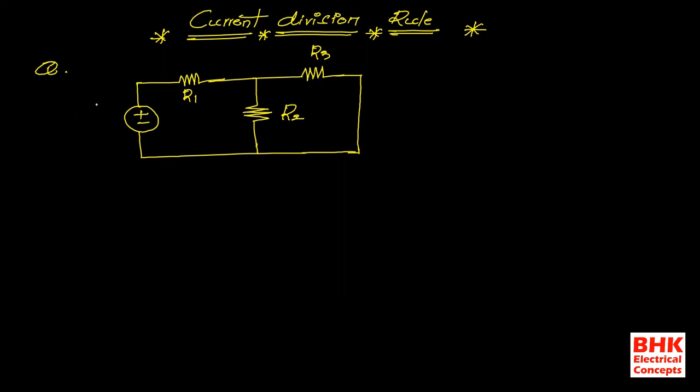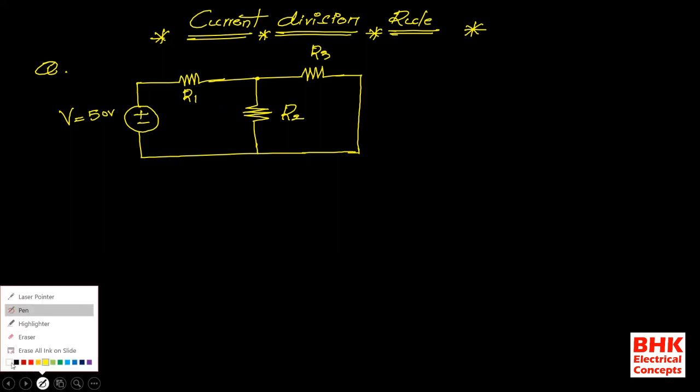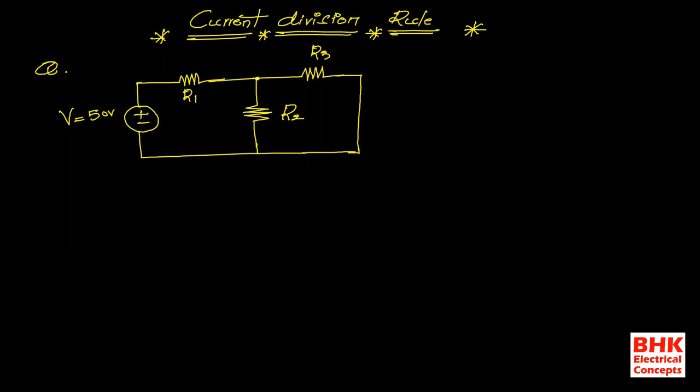Here the applied voltage is, for example, 50 volts, and R1, R2, R3 are the three individual resistances connected in the network. We know that this point is a node.